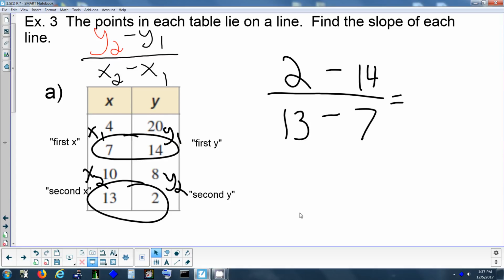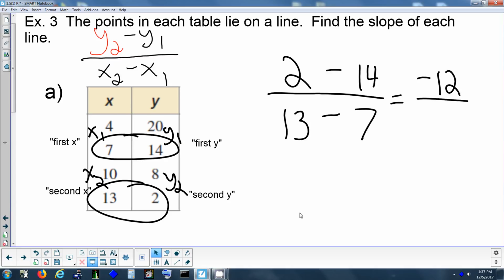This is like what we did yesterday at the beginning of class, subtracting positives and negatives. 2 minus 14: remember, 14's bigger. Negative 12, perfect. How about 13 minus 7?